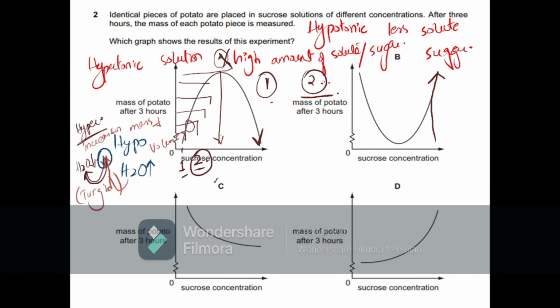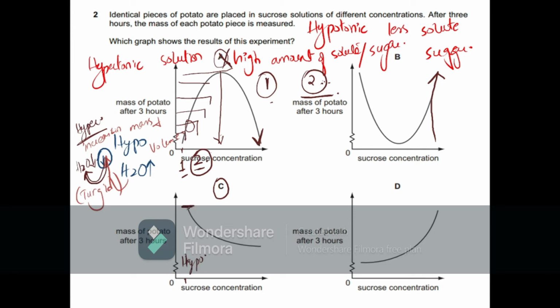And look at this C option. This is the right option, because when there is low sucrose concentration, it means high water concentration. The solution is hypotonic. When the solution is hypotonic, water moves inside from outside, so mass of potato will increase, will be at its higher stage.